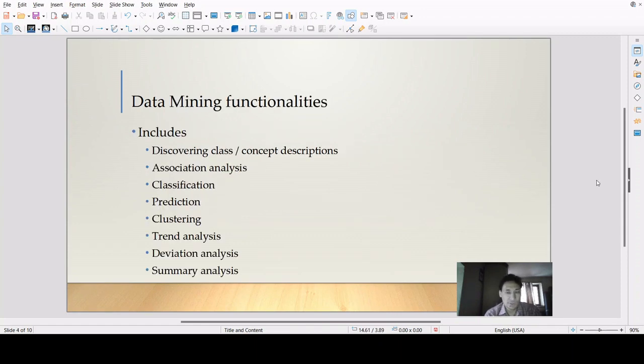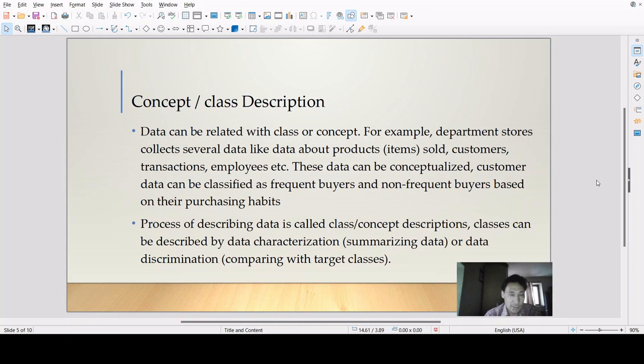Data mining functionalities include discovering class and concept descriptions, association analysis, classification, prediction, clustering, trend analysis, deviation analysis, and summary analysis. Now let's talk about class concept description. Data can be related to a class or concept. For example, we can consider department stores.